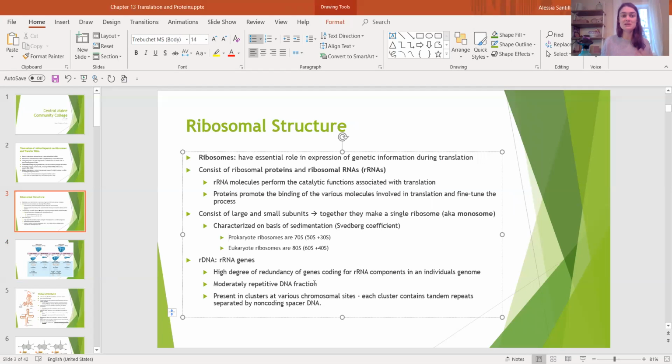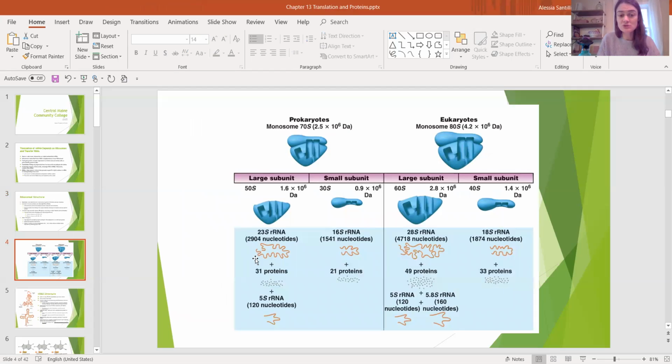In fact, with bacteria, we looked over in chapter 12 how they have polycistronic mRNA, right? There are 3 types of rRNA: 16S, 23S, and 5S. They actually just make them in one transcript. All these genes, the rDNAs that code for those rRNAs, are found right next to each other in a cluster.